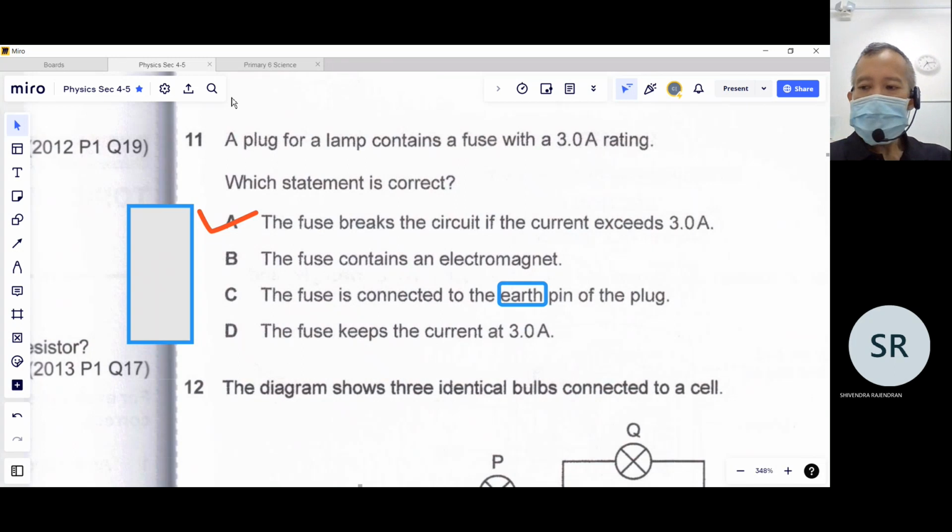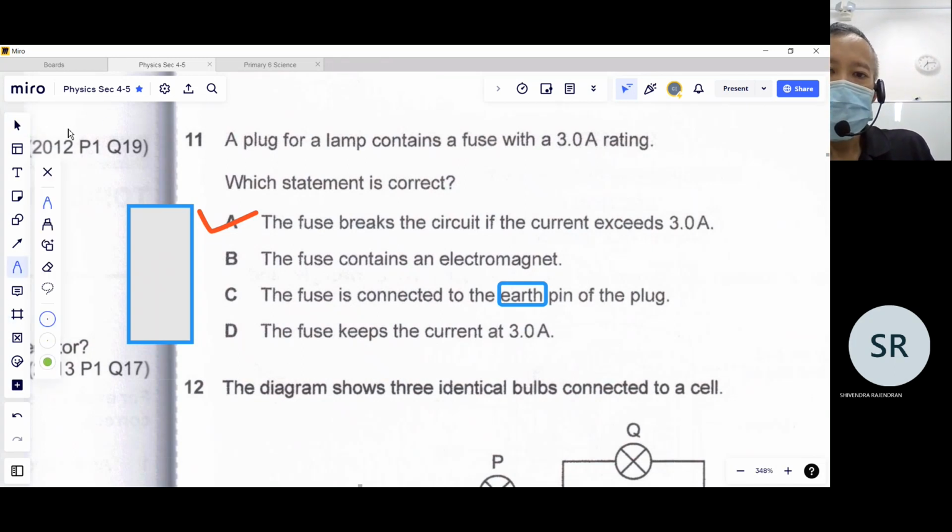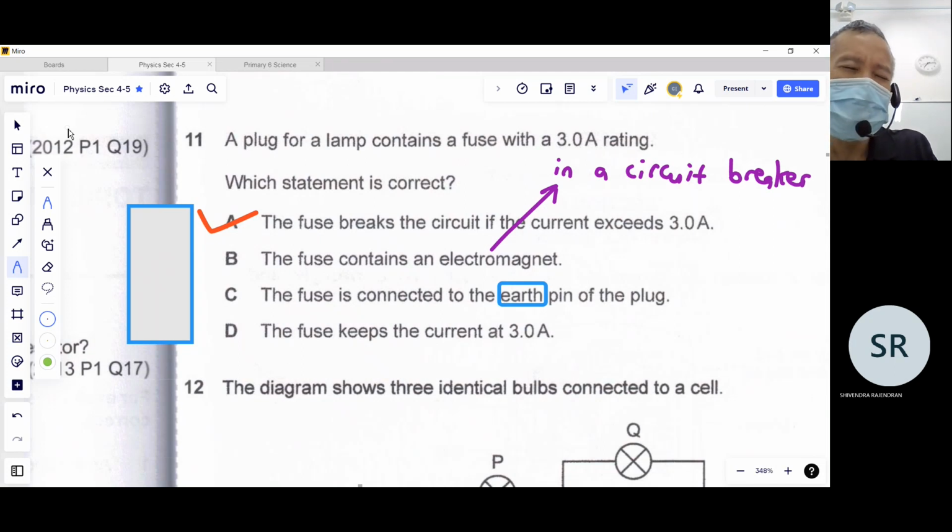Just a note, I didn't mention this, but this is in a circuit breaker. I mean, this doesn't come up often, but occasionally you see that a circuit breaker contains an electromagnet.